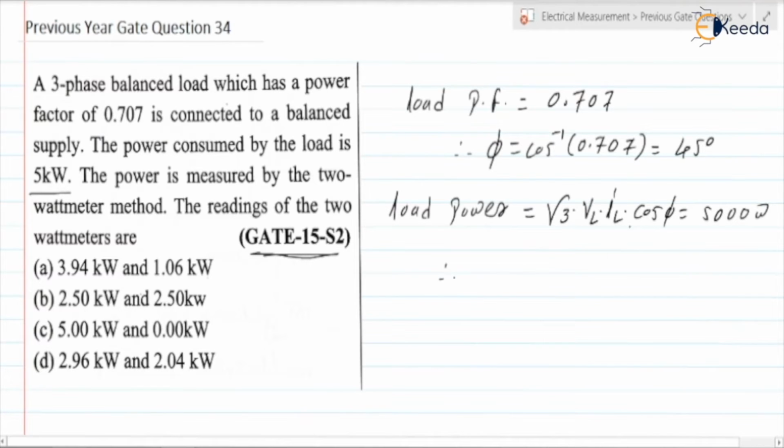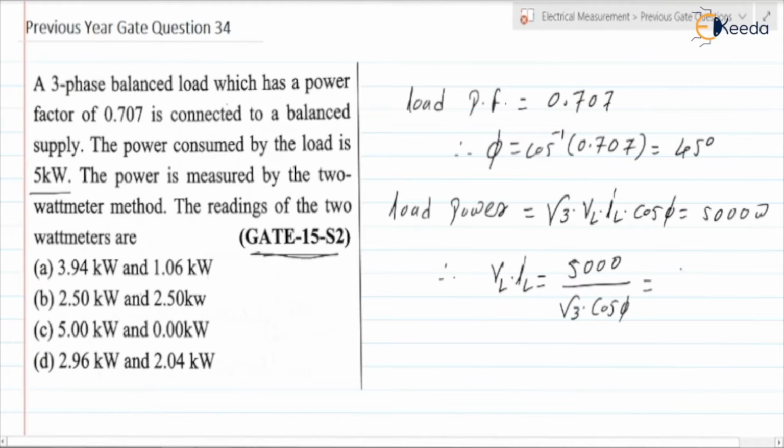So from this, can we find VL IL? Yes, we can find VL into IL. VL into IL is equal to 5000 divided by root 3 into cos phi.